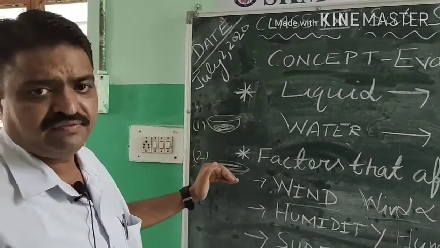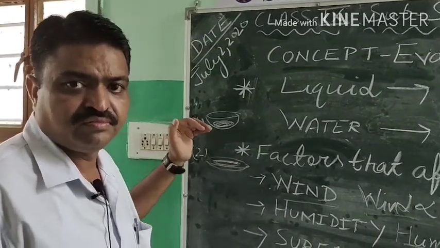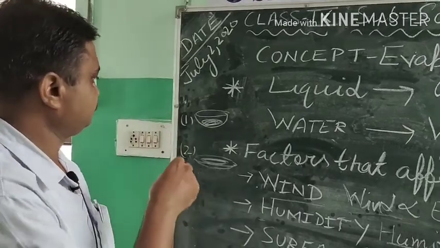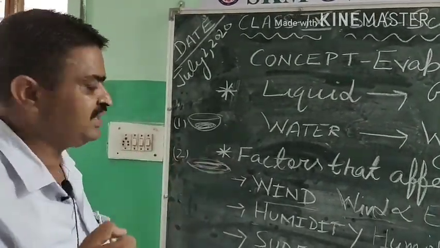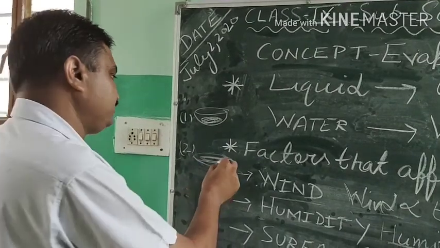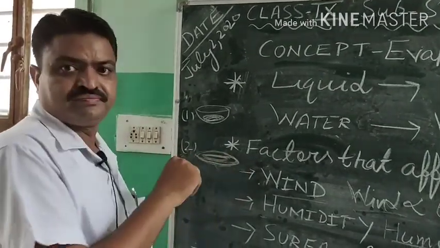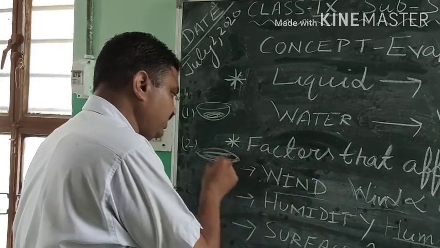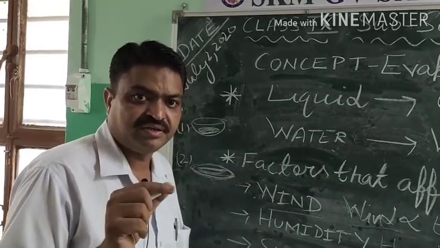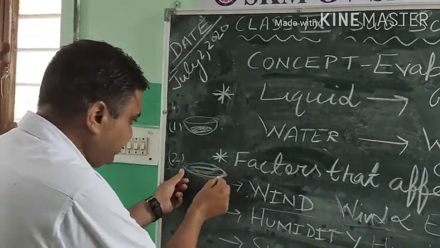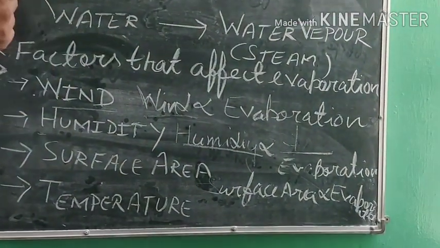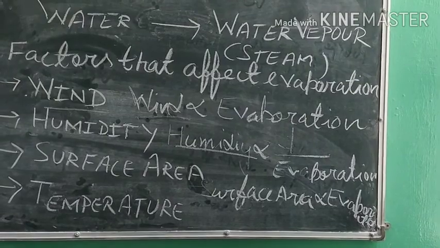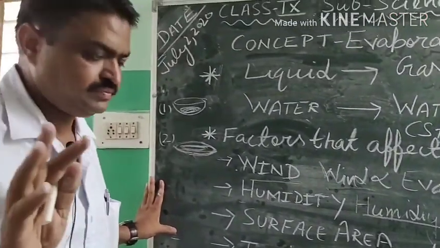Now after 4 or 5 hours, if you observe, in which pot will you have less water? That is the plate. In this plate you will have less water, because the plate has more surface area, from which the speed of the evaporation is increased.